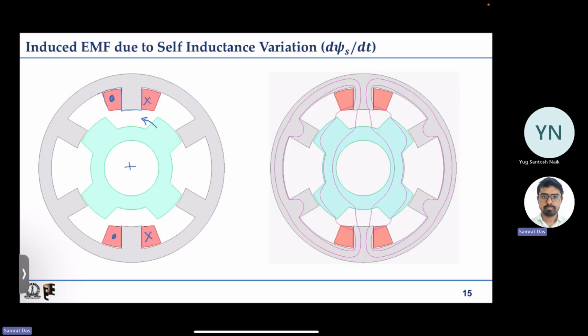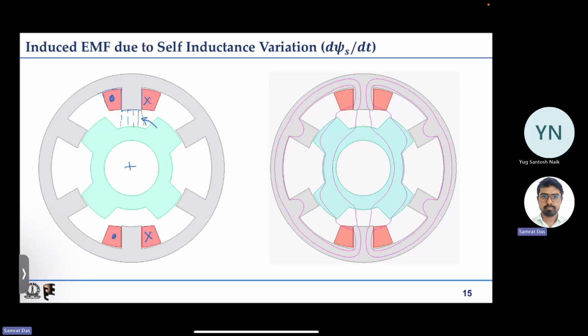Now if the coil is excited, you can see that for this rotor position the flux path length is quite big. So the effective reluctance seen by the coil is actually quite high. Because of that, the inductance of the coil for this rotor position is quite low.